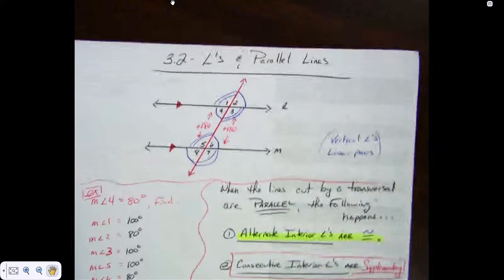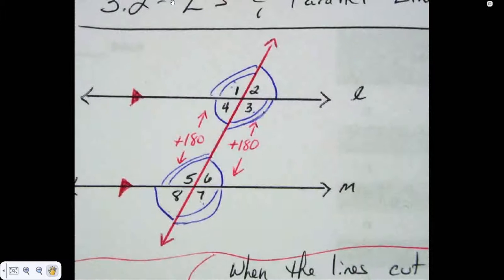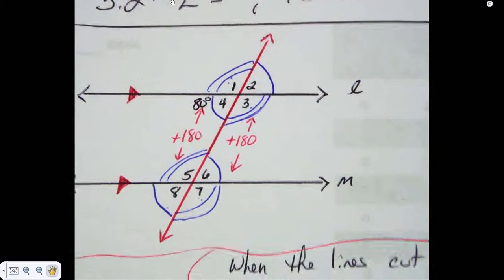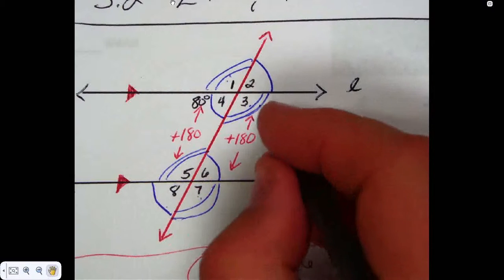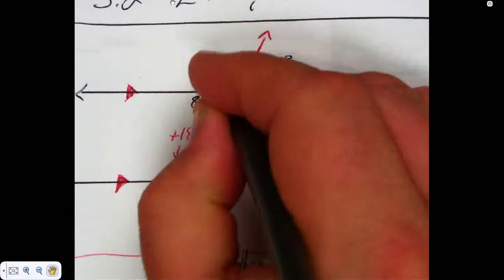Now, I'll zoom in here and let's just look at the picture. You'll see how easy this is. Okay, we said that this one was what? 80 degrees, right? We can just go around the horn here. If that's 80, what's this? What's this? What's this?